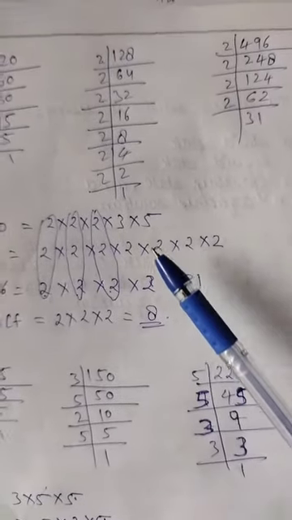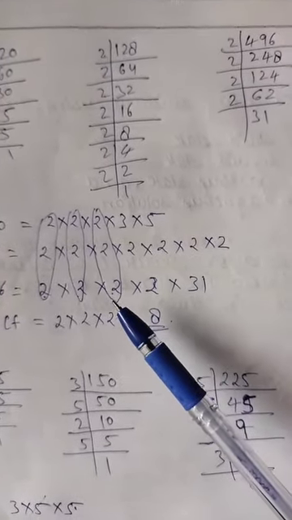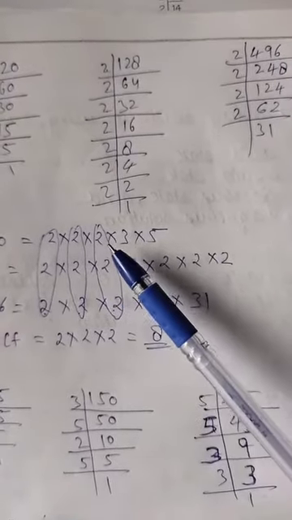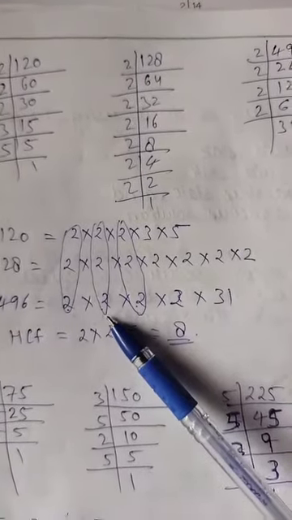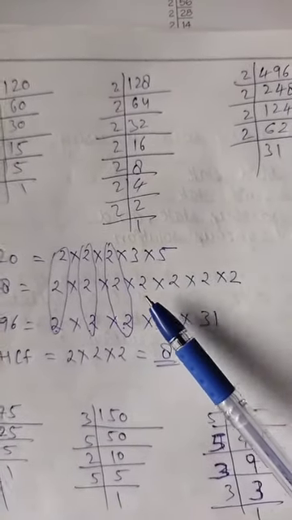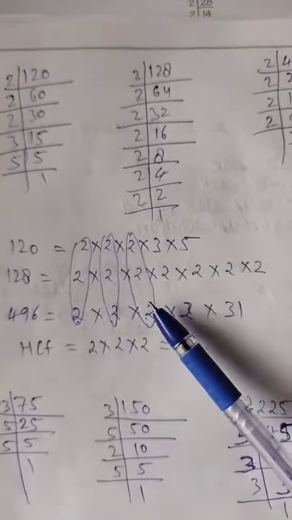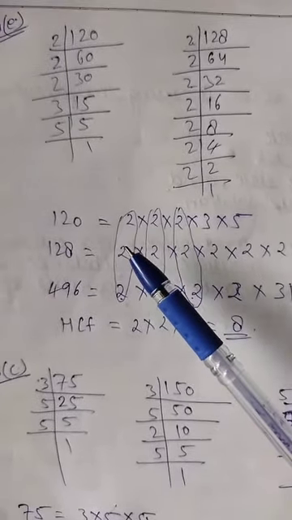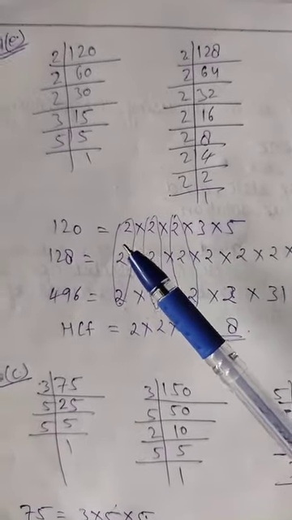Now after writing the factors, choose the common numbers. Common means it has to come in all the 3 factorizations. If it is coming in 2 and not in the third one, it will not be considered common. Common means the number should be present in all the factorizations.